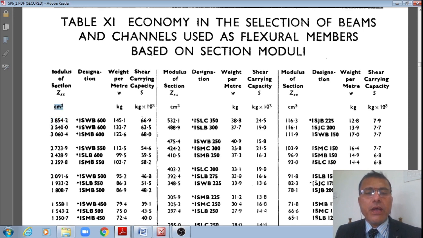This can have a shear carrying capacity of 66.9 × 10^3 kg, means 66.9 tons, or 66.9 × 10^3 multiplied by 10 newtons, means 66.9 kilonewton, as appropriate.